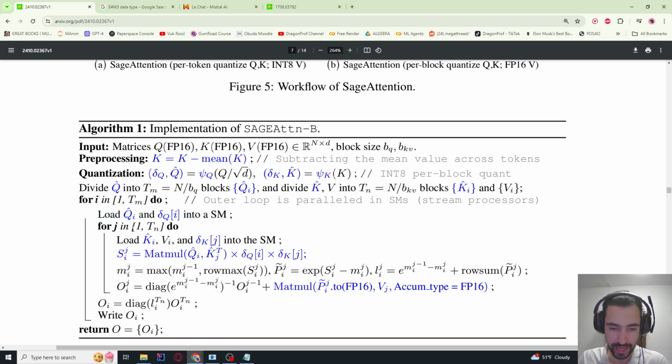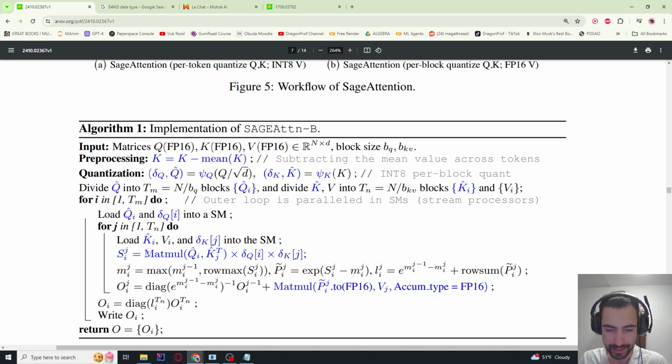And then for j in 1 to Tn do, so Tm is the dimension for Q, and Tn is the dimension for K and V. So here we load K_i, V_i, and the scaling factor of K into the SM.